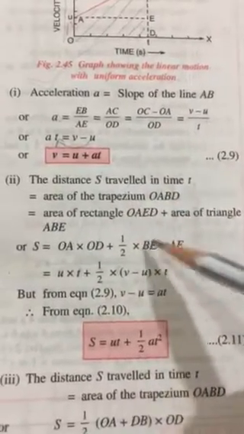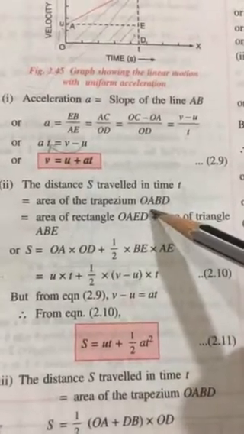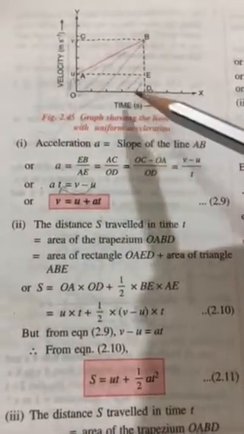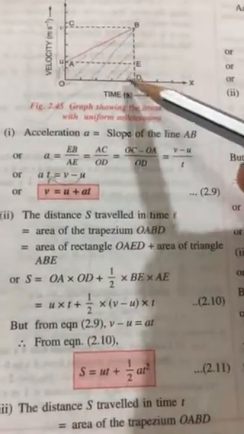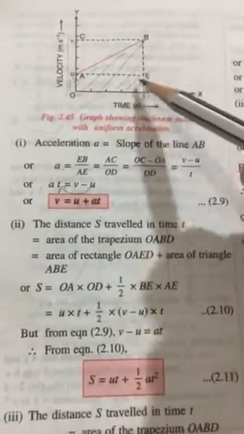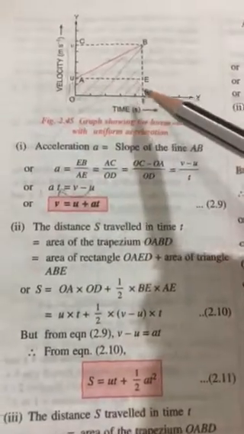Then the distance travelled in this time is given by the area of the trapezium OABD. Or you can also divide it into two parts. There is a triangle ABE and there is a rectangle OAED.